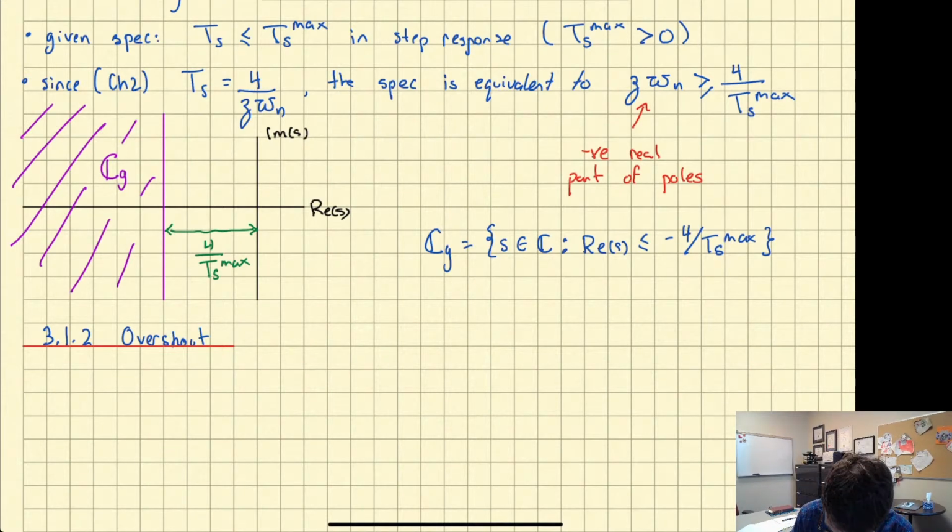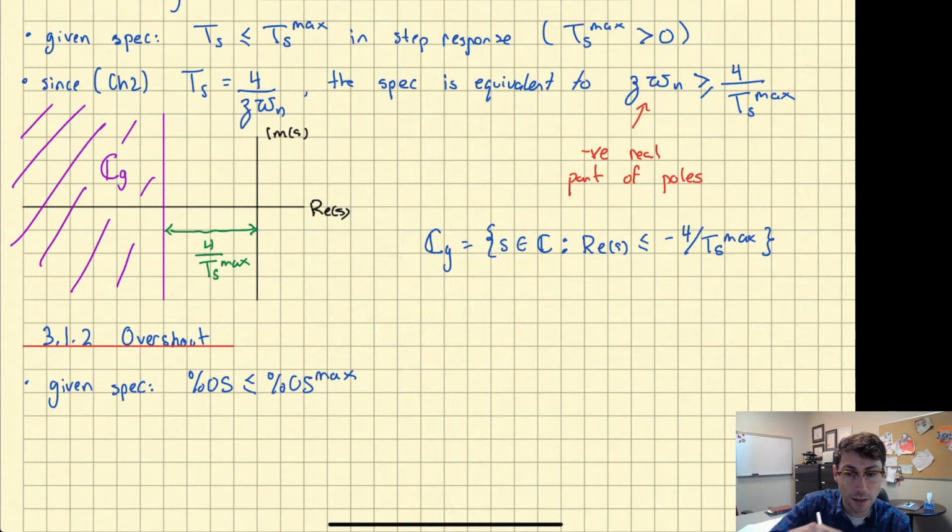So our given spec is that the overshoot, remember, how far the step response goes above its steady state value, is less than some maximum value.